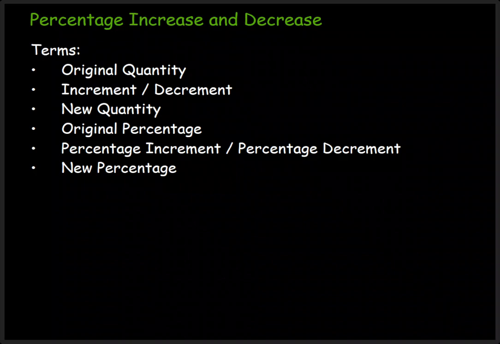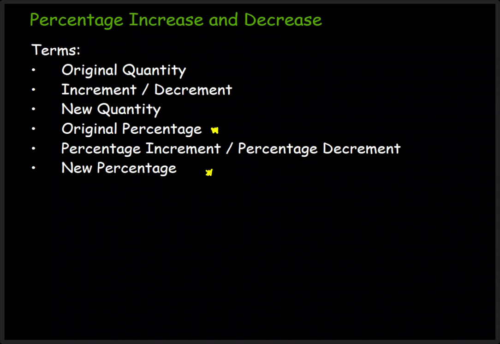We may not really talk about original percentage and new percentage, but we'll talk about original quantity, increment, decrement, and then we'll do new quantity. And then we'll talk about percentage increment and decrement.